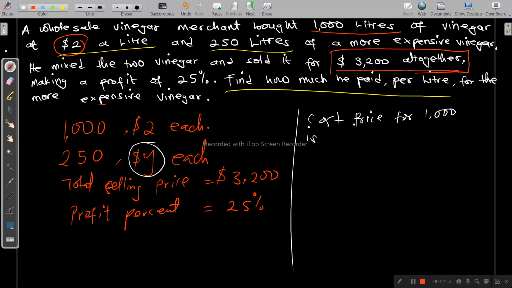He bought each liter at $2, so the cost price for the total 1,000 will be 2 times 1,000, and that is equal to $2,000.